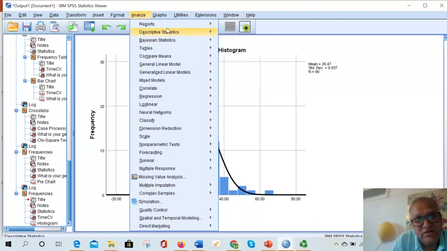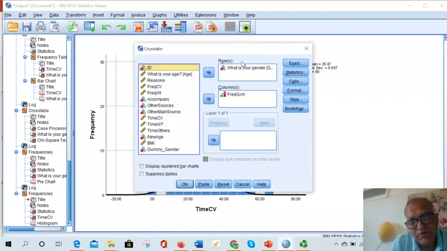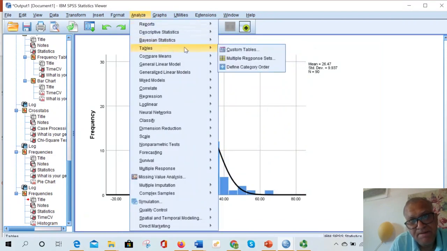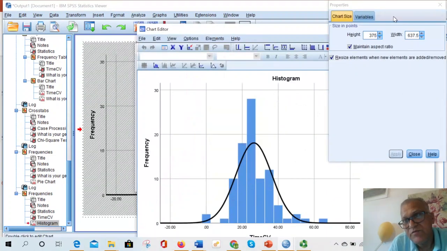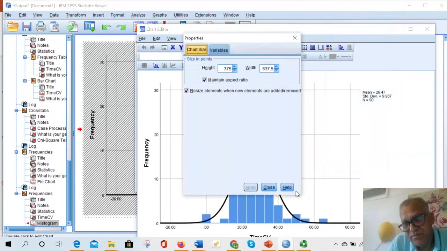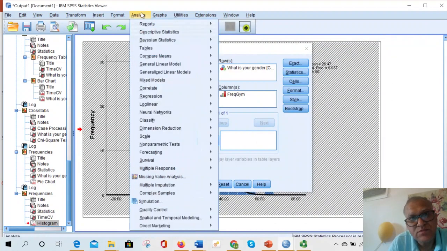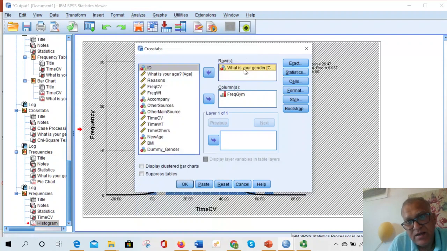Coming back to the tests, the first test, as we said, is chi-square. Analyze, descriptive statistics, and then click on cross tab. Note it: analyze, descriptive statistics, cross tab. Here it is, and you get a table.